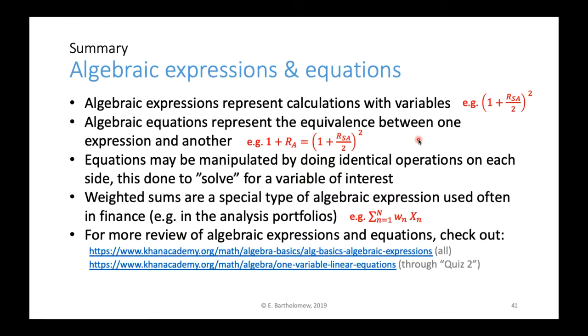This could be taking the same square root, or taking each side to the same power. It could be subtracting or adding a number to each side. It could be to multiply or divide by the same number. As long as you're doing identical operations on each side, you maintain the equivalence of the equation. And you will do that in order to isolate one variable on the left-hand side and get a formula, typically.